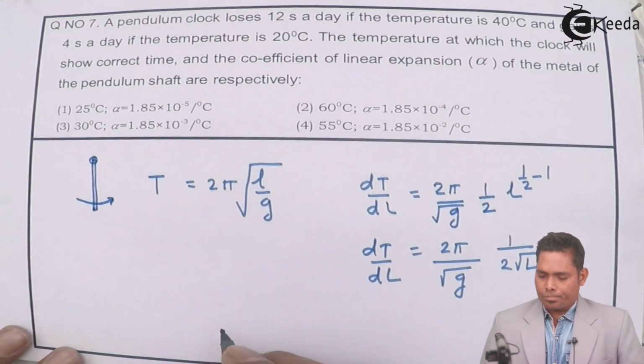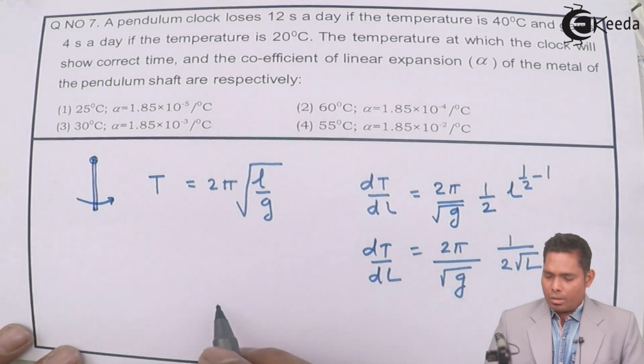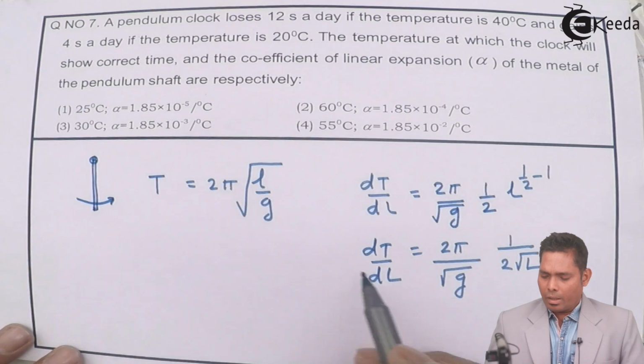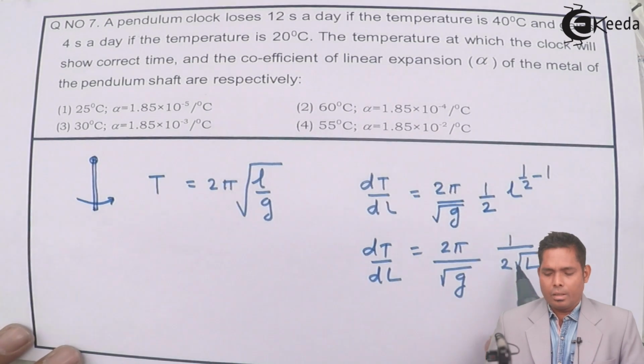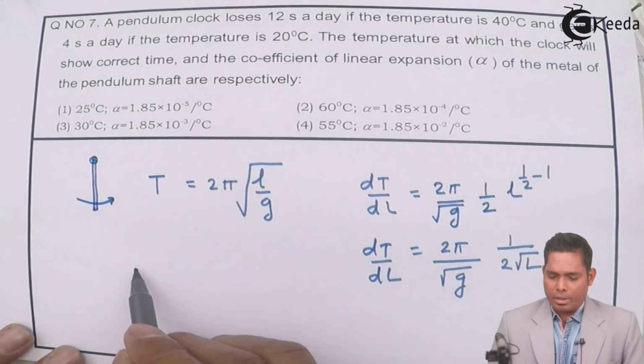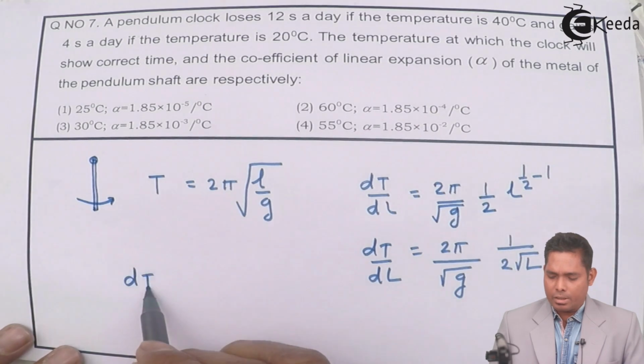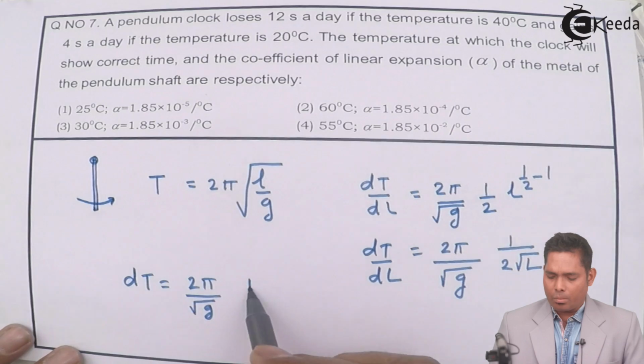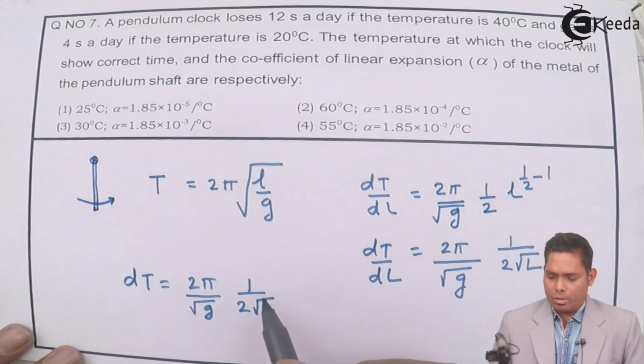If I take dL from here, I can write dT as 2 pi under root of g times 1 upon 2 root L into dL.